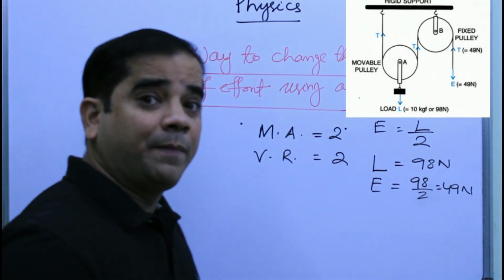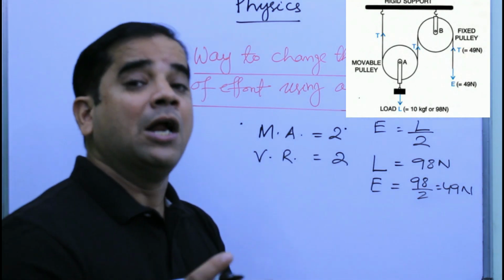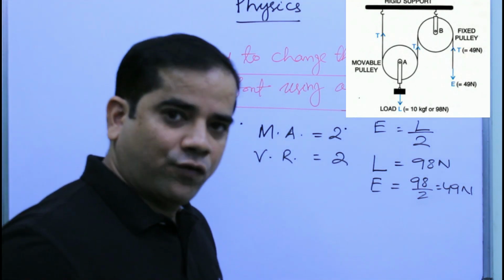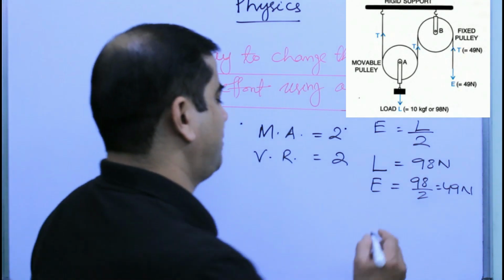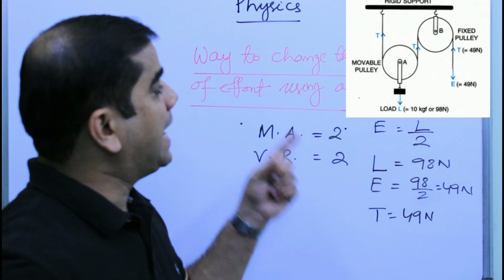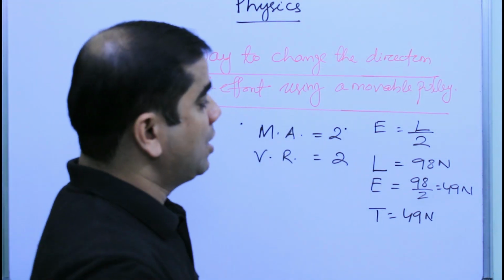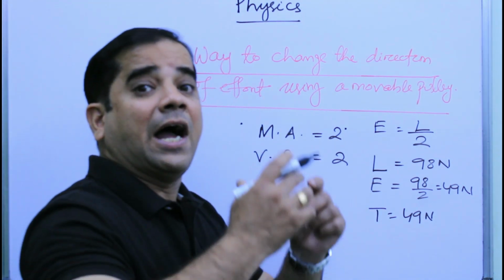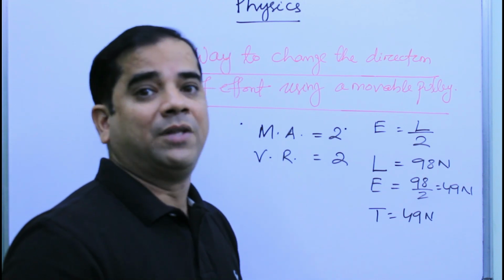Okay, and there would be a tension force acting in the opposite direction of effort in the string. That would be equal to 49 Newton. So see, by using such an arrangement, we apply an effort which is half of the load.